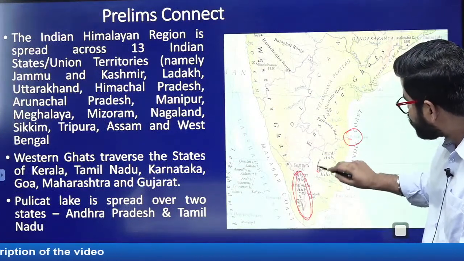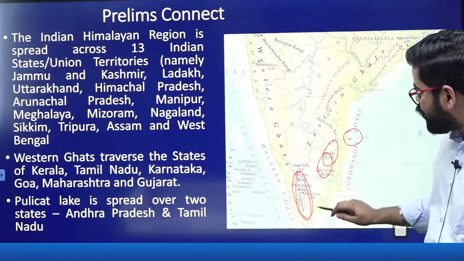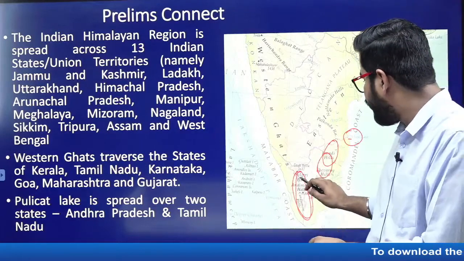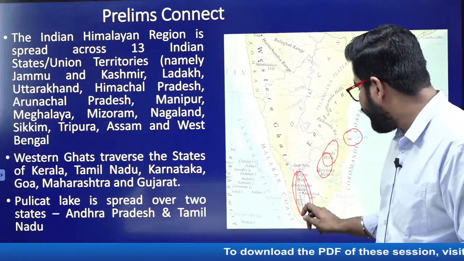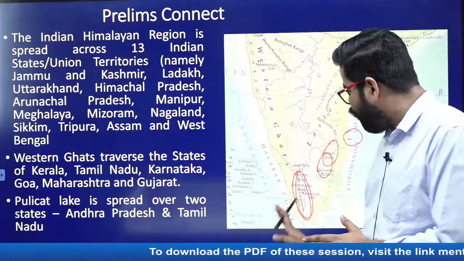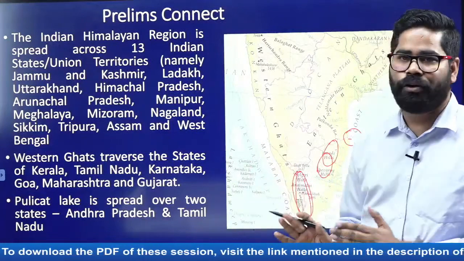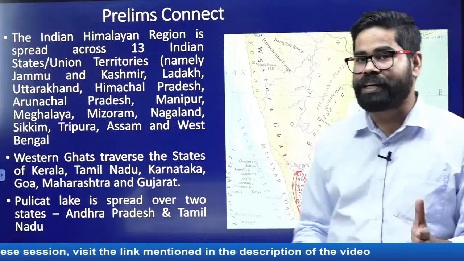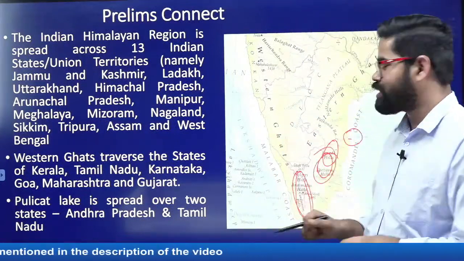See, here you have the Eastern Ghats, Shevaroy Hills, Javadi Hills. These are part of the Eastern Ghat region. But if you see the border of Kerala and Tamil Nadu, you will find the Nilgiri Hills there. Then even Doddabetta is there, Annamalai is there, Cardamom Hills are there. They all extend in part of Kerala and also in part of Tamil Nadu. That's why we have the extent of the Western Ghats in Tamil Nadu also, and Tamil Nadu also has the Eastern Ghats as well. Okay.